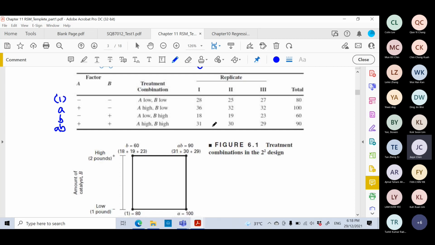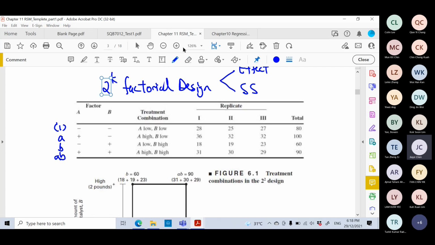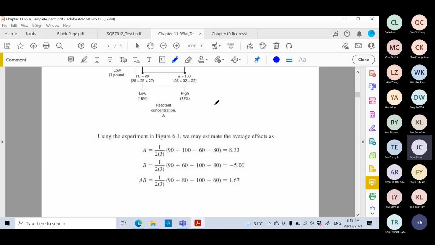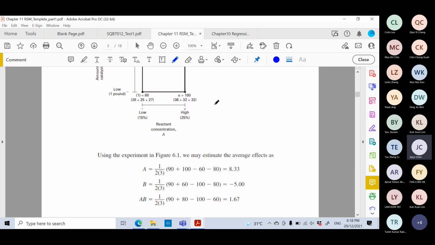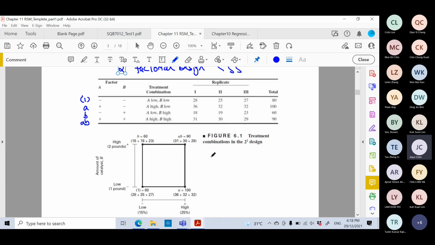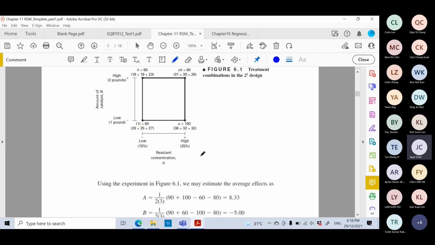Based on this example that we discussed before, my concern is only the regression model, but because I introduced this example, I need to provide you the rest of the information. In this particular design, we have calculated the effect.